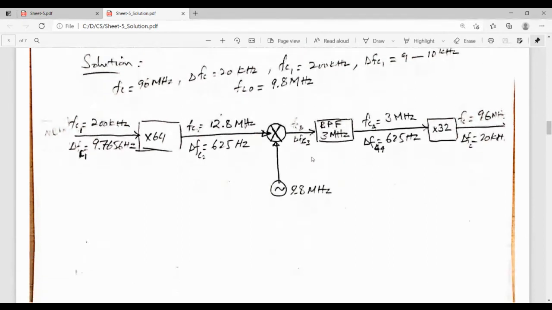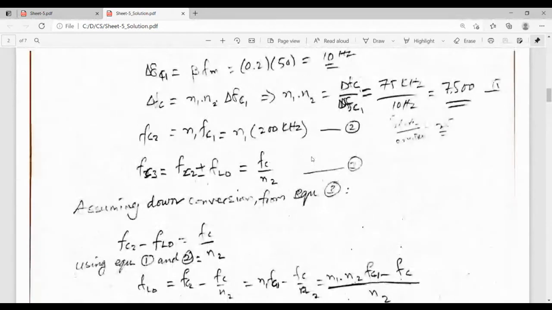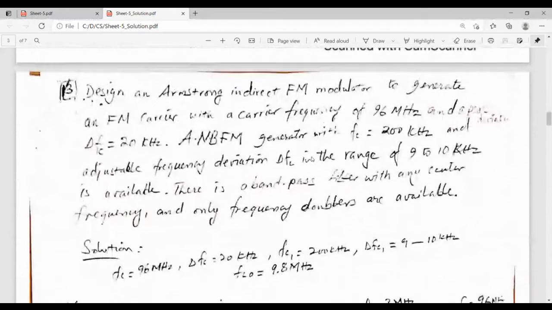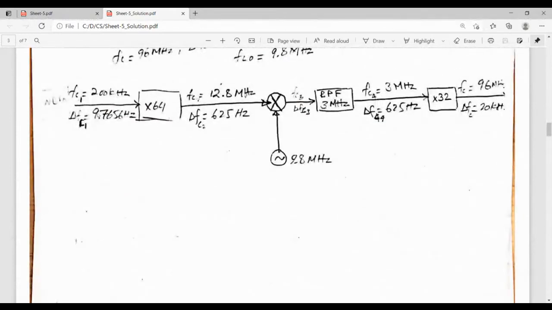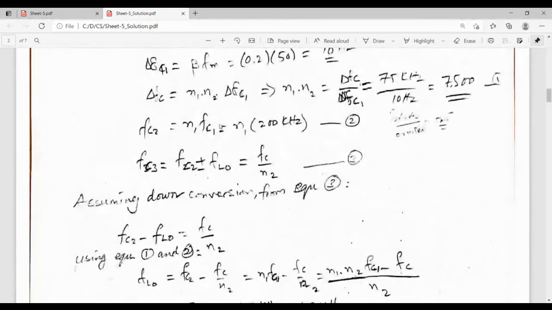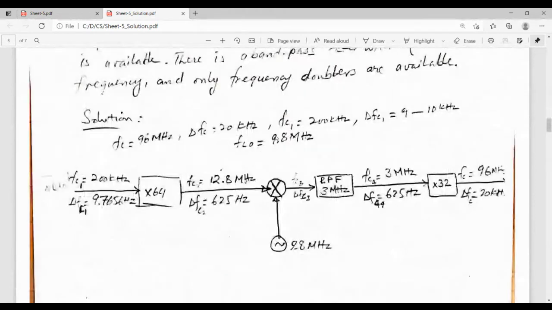As we saw in the previous formulae, considering these formulae, you can find FC2 by using this formula, FC2 = N1 FC1, and the same here.